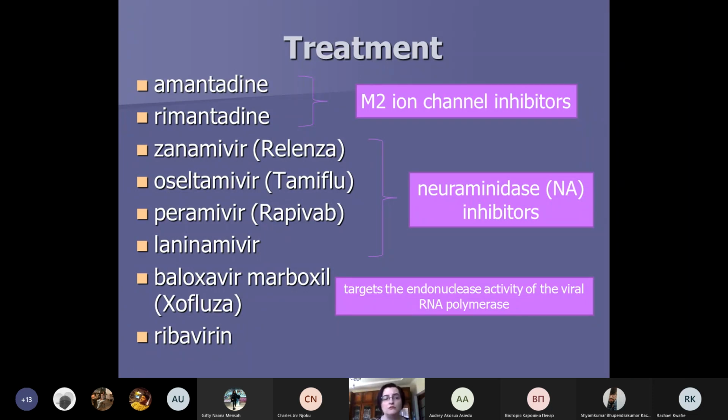These drugs are only functional against influenza A virus, but are no longer recommended for use because of widespread resistance to them among influenza A viruses. Adamantine resistance first emerged in H3N2 in 2003, becoming worldwide by 2008.